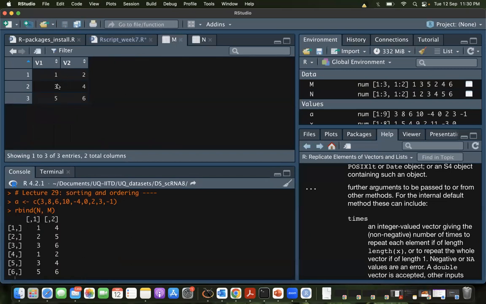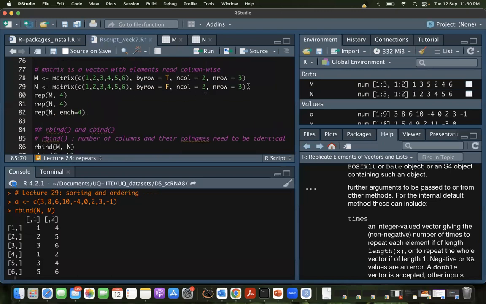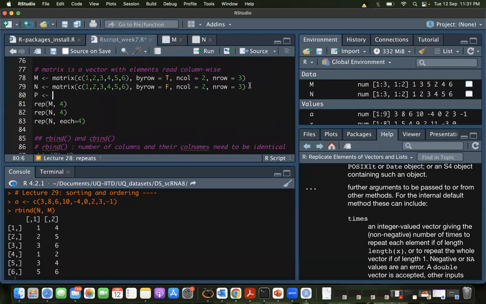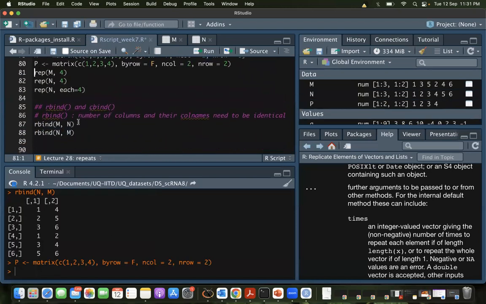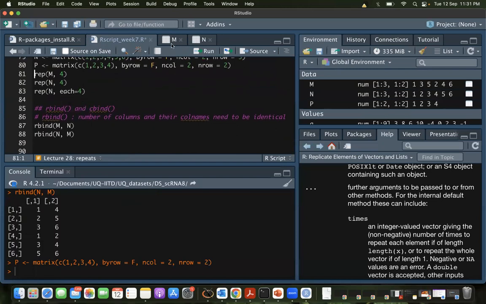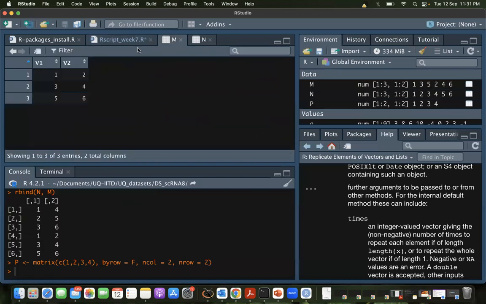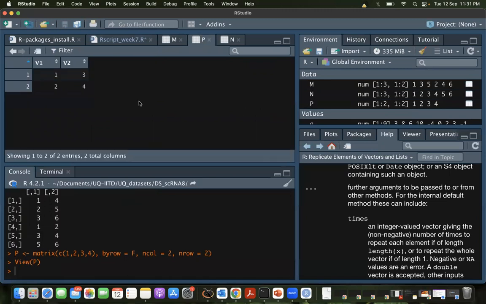Let me add another matrix to this discussion. 1, 2, 3, 4, and just fill it. Now this P matrix that I've made here has 2 rows and 2 columns.